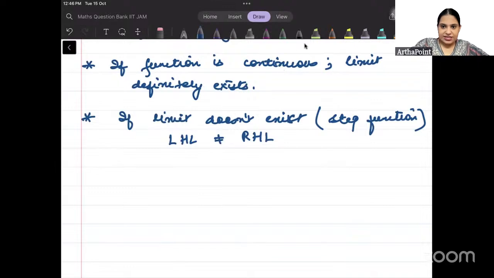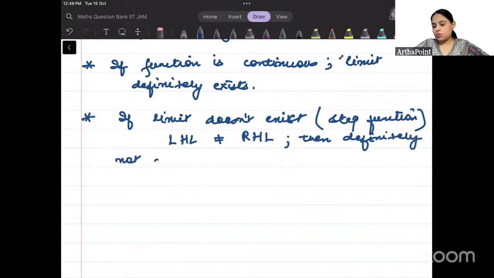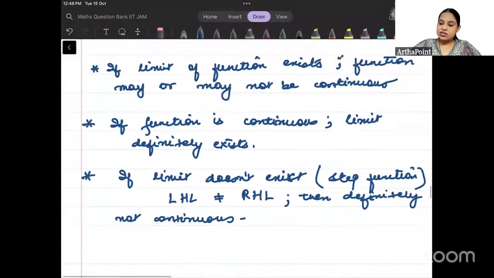We had done this example. तो अगर limit ही exist नहीं करती, if the limit itself does not exist, then definitely it is not continuous.